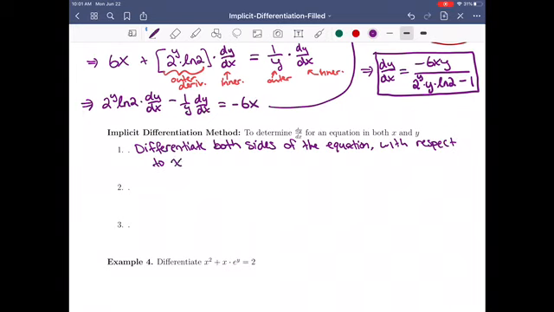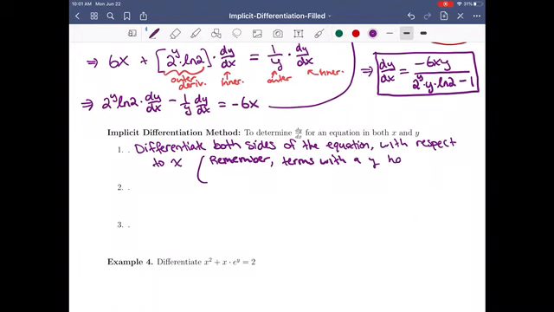Or t maybe, depending on your independent variable. And then we want to just make a note: if you're differentiating something with y, we want to remember that terms with a y involve the chain rule.